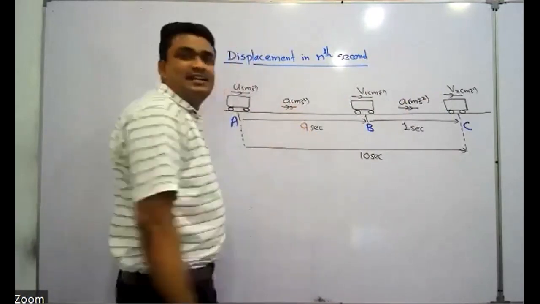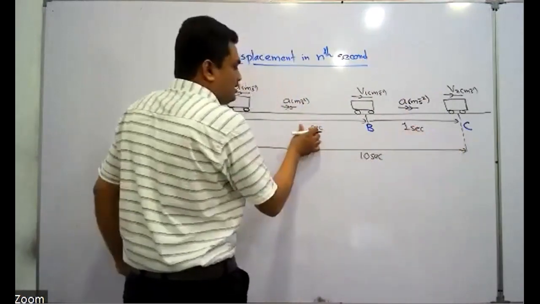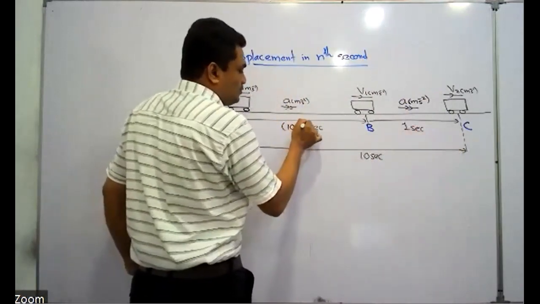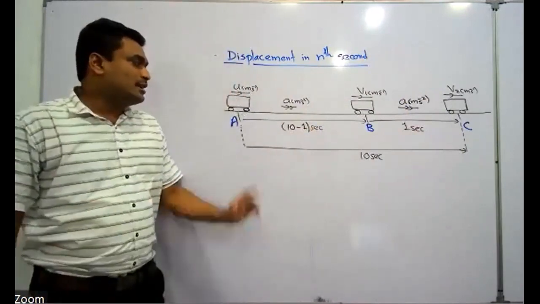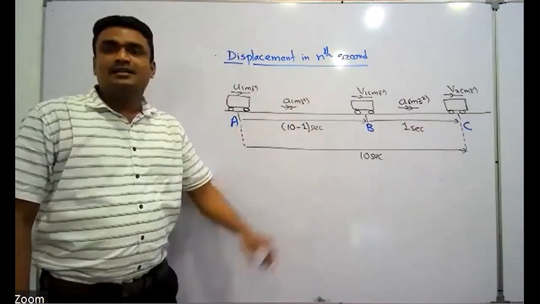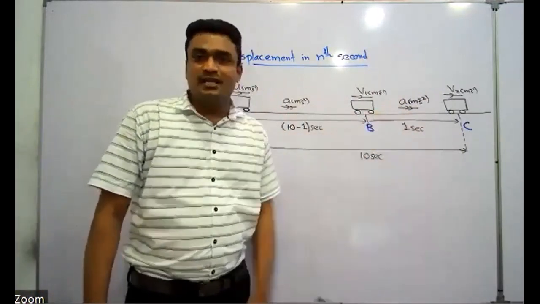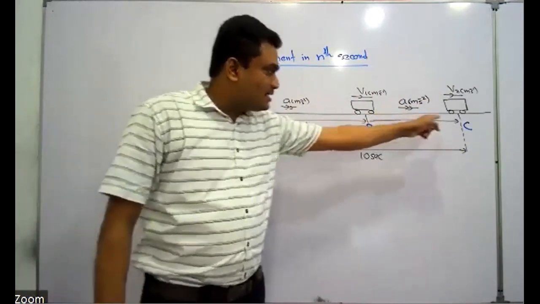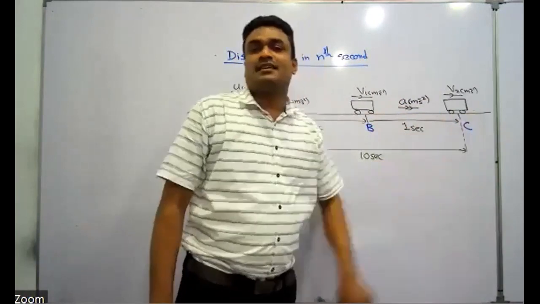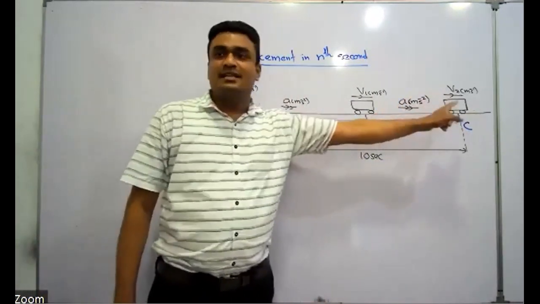I can write 9 as 10 minus 1. What's the time taken for the object to travel from A to B? 10 minus 1, 9. From B to C? 1 second. This 1 second is the 10th second. A to B 9 seconds, B to C is the 10th second.